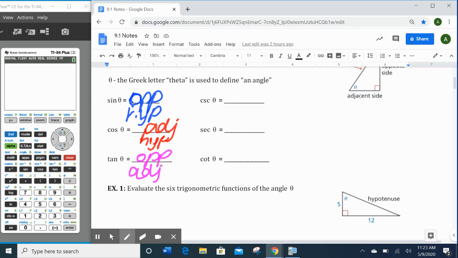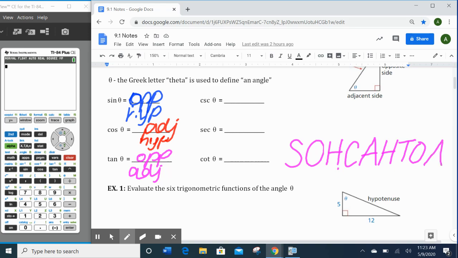Some people use the fact that the sine is opposite over hypotenuse, the cosine is adjacent over hypotenuse, and the tangent is opposite over adjacent to spell out SOHCAHTOA. So if you can remember SOHCAHTOA, then sine opposite hypotenuse, cosine adjacent hypotenuse, tangent opposite adjacent.